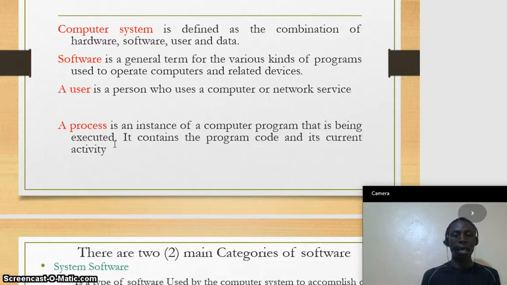It contains the program code and its current activity. So what that program is doing there and then, when the user clicks on a program, it is processed. It goes through a process and displays the activity that it is supposed to do.